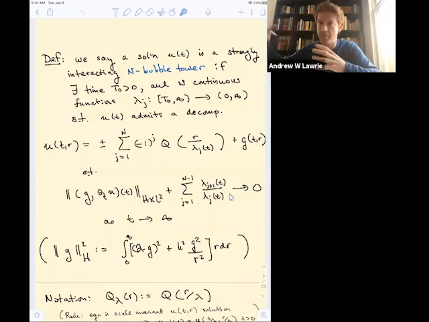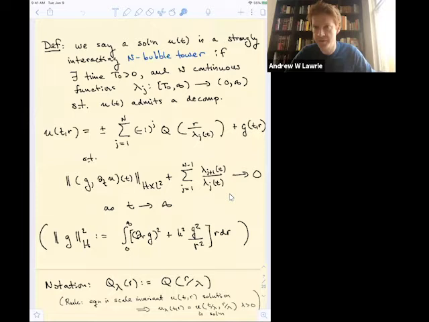I could see bubble, bubble, bubble, bubble. And I'm making an implicit claim in this definition that such things don't exist. So you're right, it looks like I'm assuming something here, but it turns out that there are probably no solutions of the type that you mentioned.